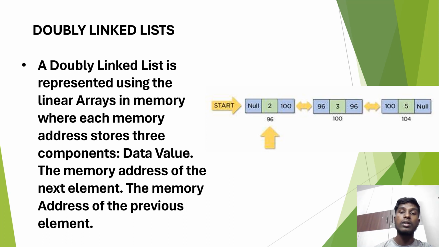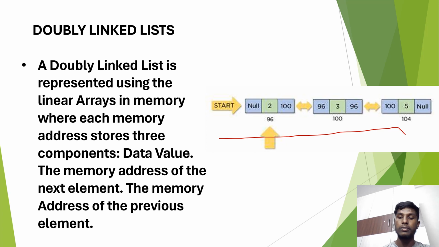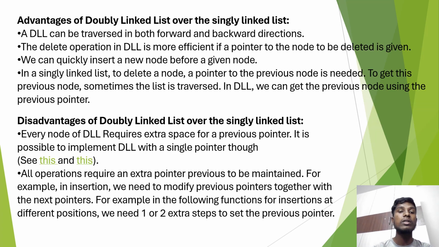Here you can see the starting and ending point of a doubly linked list. Advantages and disadvantages of a doubly linked list over a singly linked list. The delete operation in a doubly linked list is more efficient if a pointer to the node to be deleted is given, and we can quickly insert a new node before a given node.